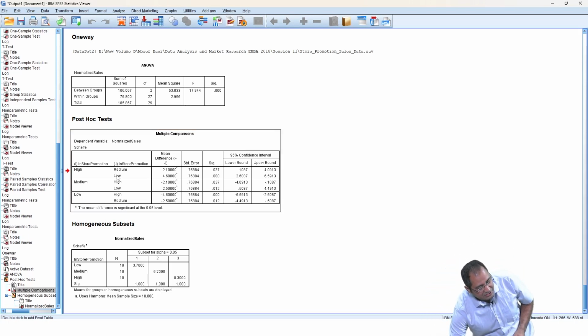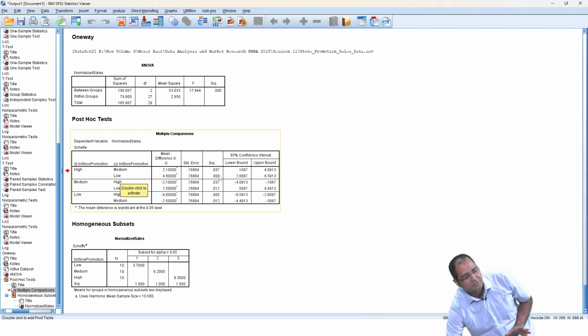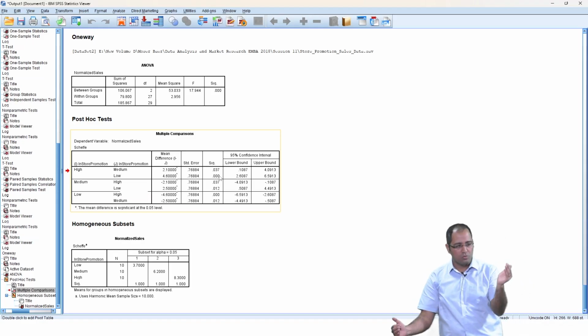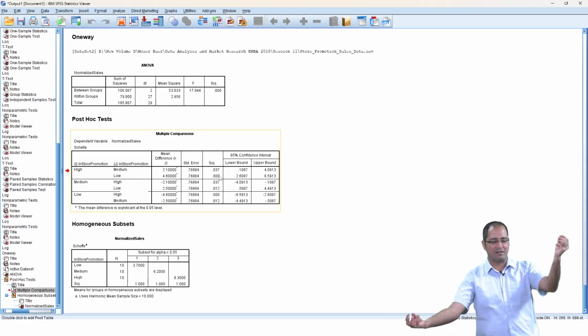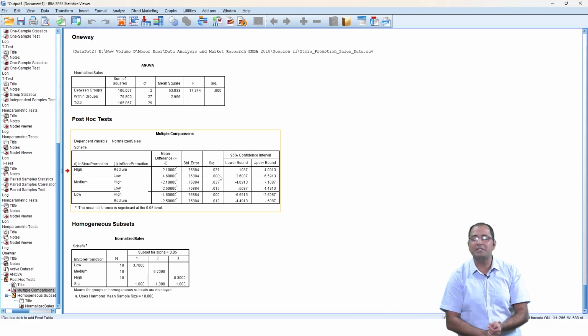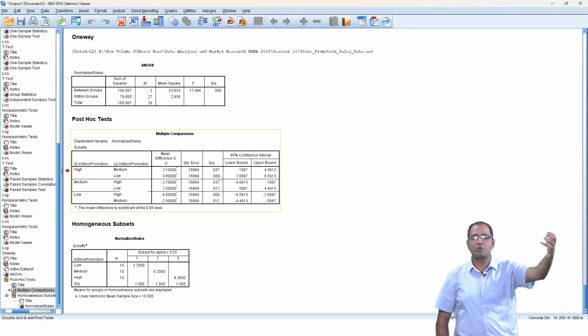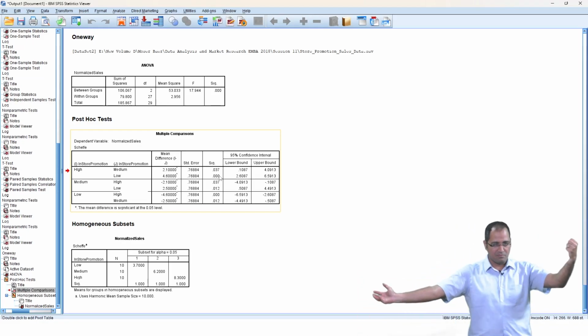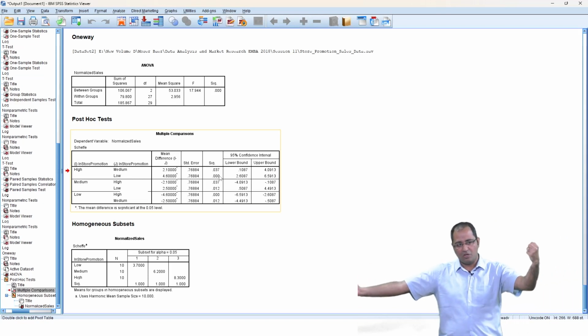Then if you look at high and low, this one is comparing high and low. The difference is 4.6 and again significance is 0.000. Again there is a difference in the mean normalized sales for high and low in-store promotion, 3 and 1. And the mean difference is highly positive, 4.6, which means the high in-store promotion generates a lot more sales than the low in-store promotion.